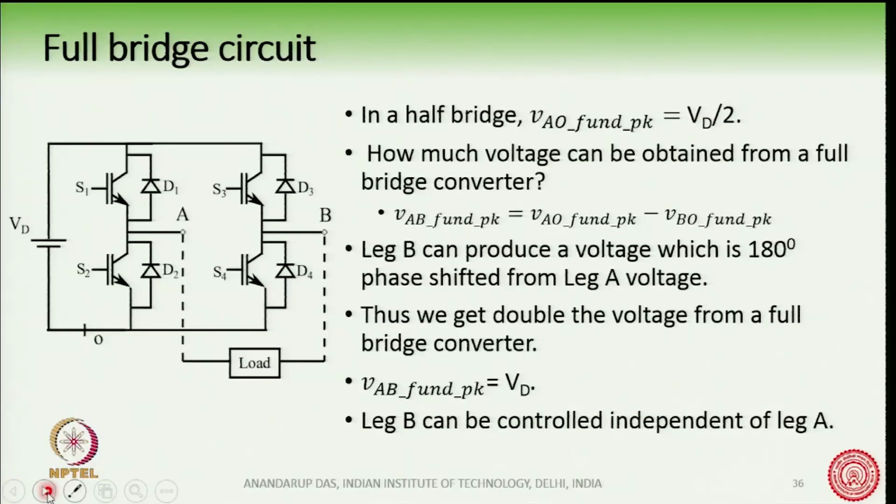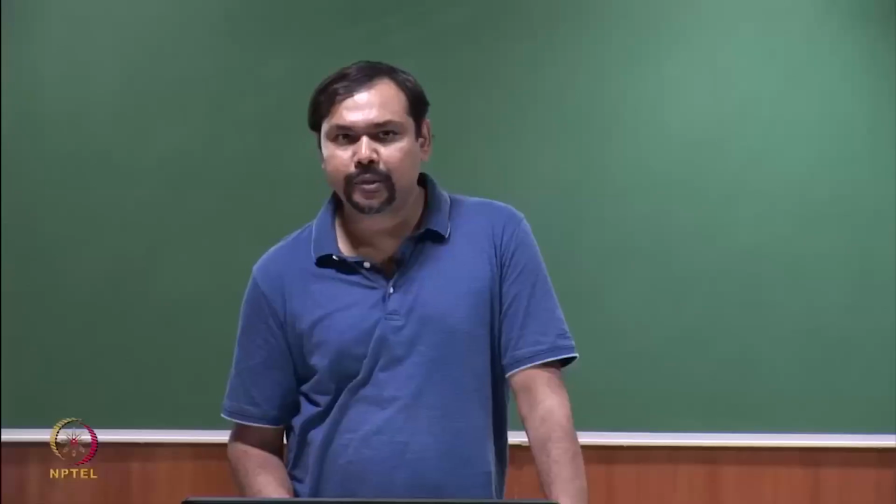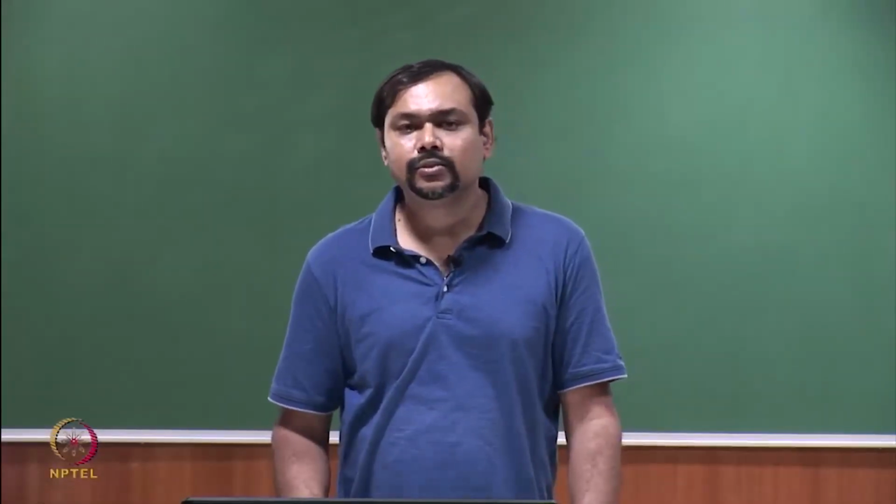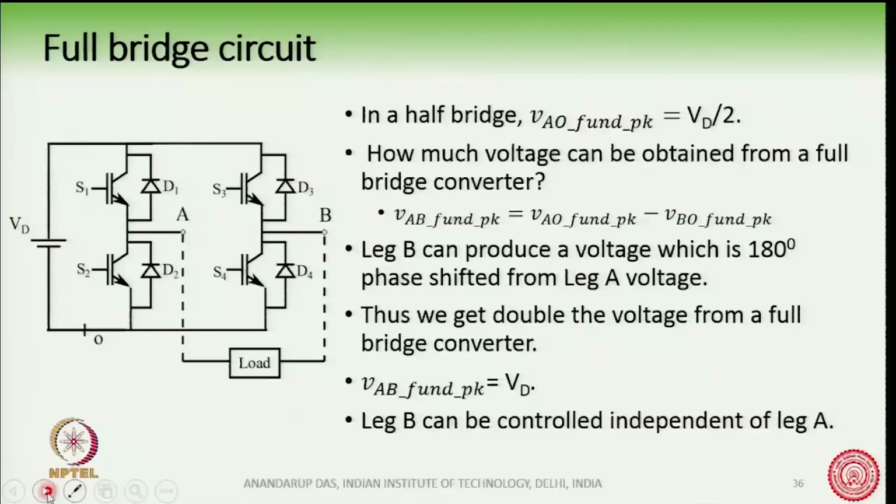Now, once we have understood the half bridge, let us now turn our attention to the full bridge circuit. Full bridge is nothing but an extension of half bridge. As I had told you, there are two switches here which form one leg of the converter, and you can see VAO voltage is present here.